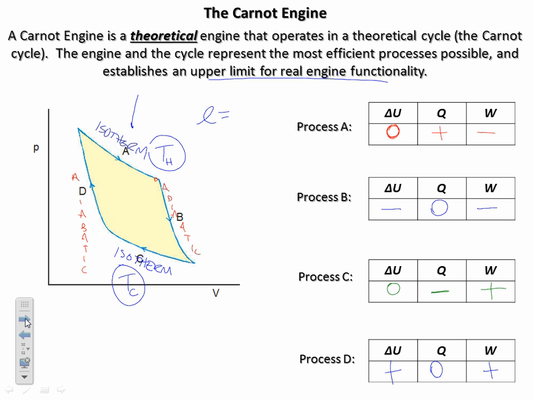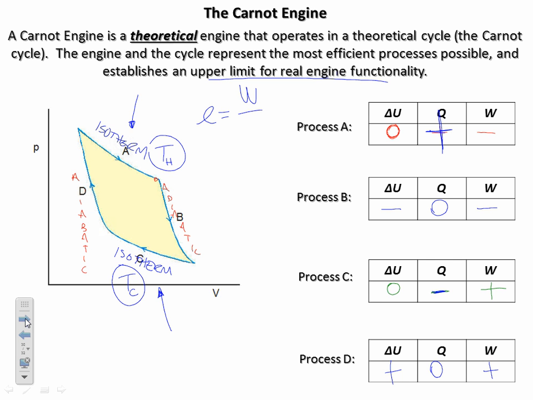It does more work in the expansion than it does in the compression. Therefore, in total, we put energy in. This is bigger than this. We put energy in, but this ends up doing more work than we do on it. All right, so we dump energy in, it produces work.